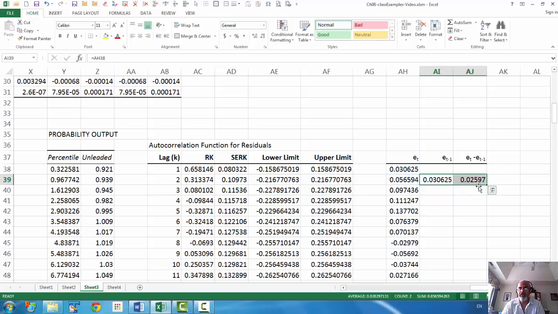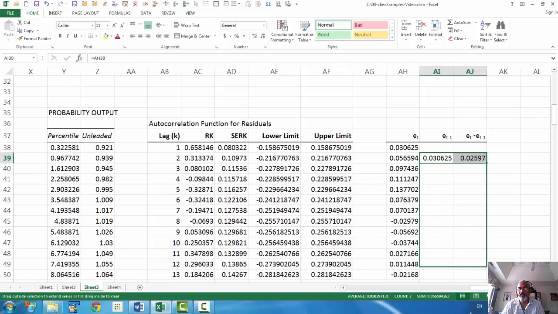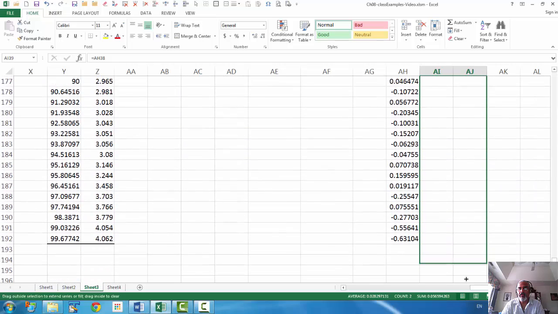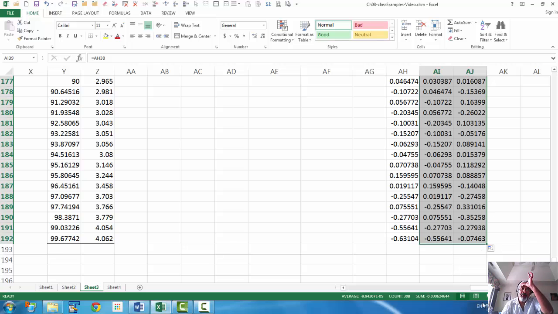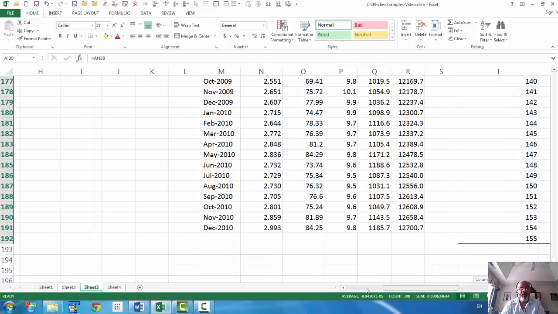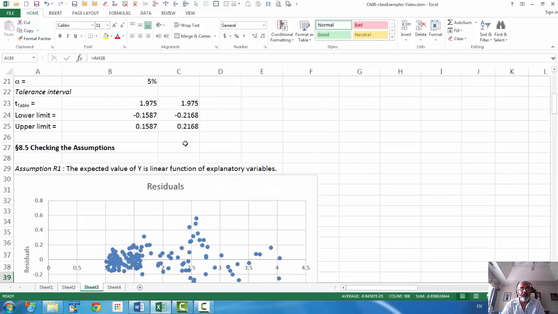Let's copy these two all the way down. Now we have the raw materials to compute DW.